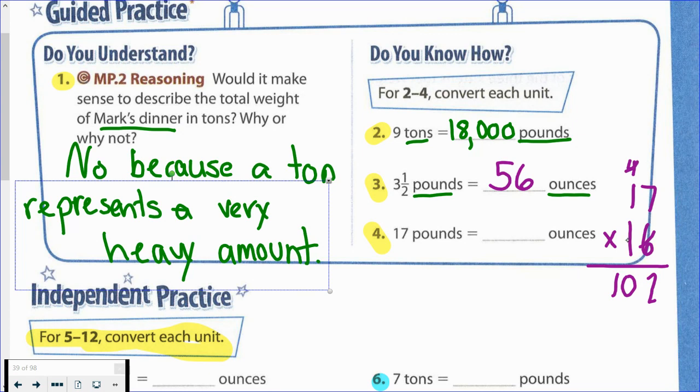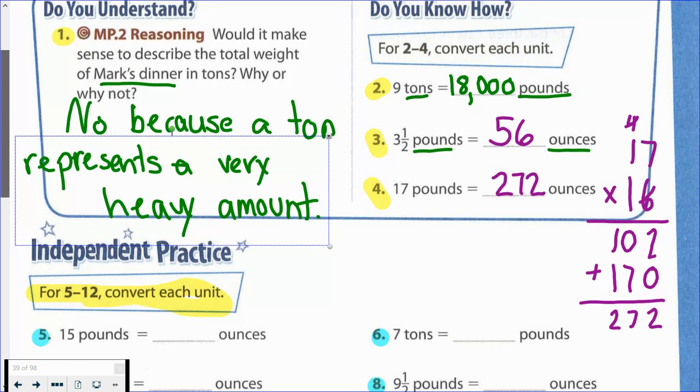Okay, so coming over here, 1 times 7 is 7. Oh, I forgot my placeholder. I forgot to lay the egg. 1 times 7 is 7. There we go. 1 times 1 is 1. Final step is to do the addition. And we get the final answer of 272 ounces. Great idea to check that with the calculator.